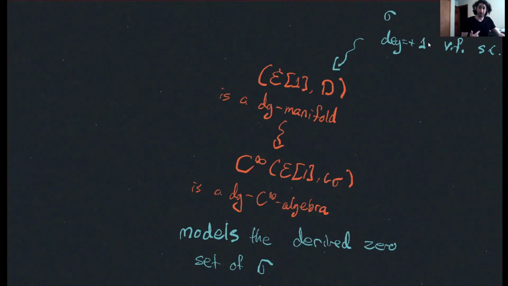Moreover, if you happen to have transversality, then this algebra is quasi-isomorphic to just smooth functions on the actual intersection. This just follows because in local coordinates it's just a Koszul resolution. So this is a concrete thing you can do.